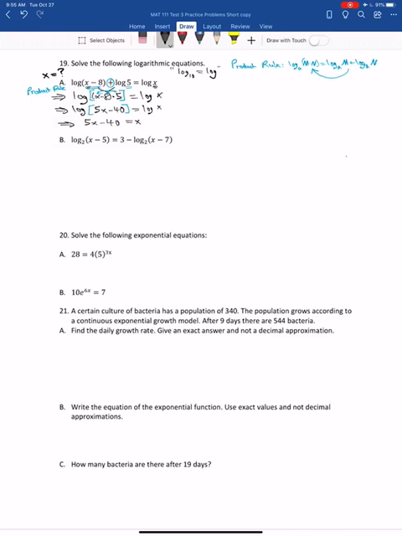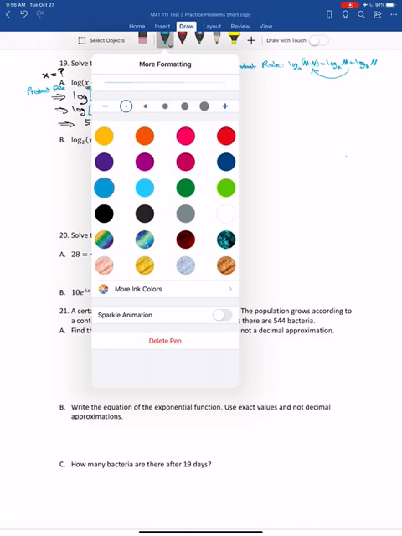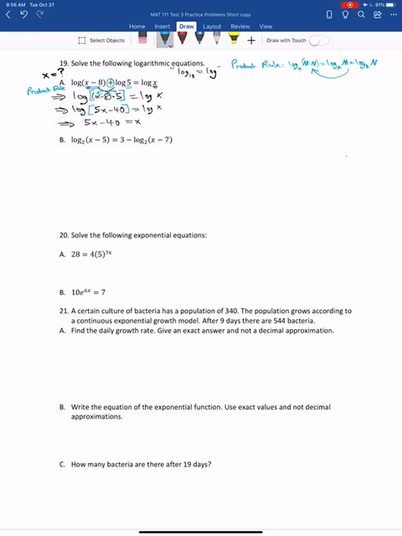I'm applying my property, and I'll write that over here on the side: if log base A of x equals log base A of y, that implies x equals y. So again, we can use that property here and simplify. Applying the basic property of logarithms.